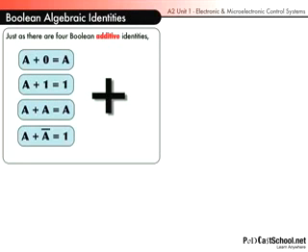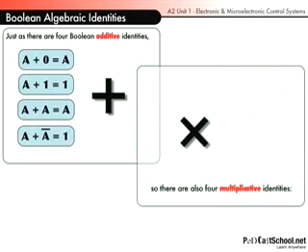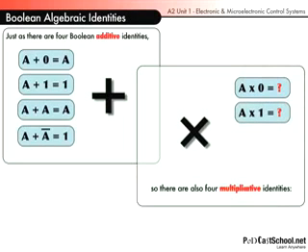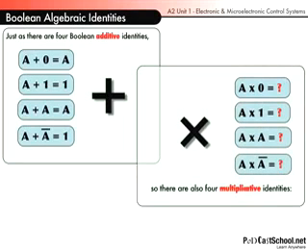And if that doesn't mean anything to you whatsoever, then the chances are you haven't seen the previous podcast, so you need to go back and review that one. We're going to look at the multiplicative identities today. So we're going to find out what A times 0 is, what A times 1 is, what A times A is, and A times A bar.